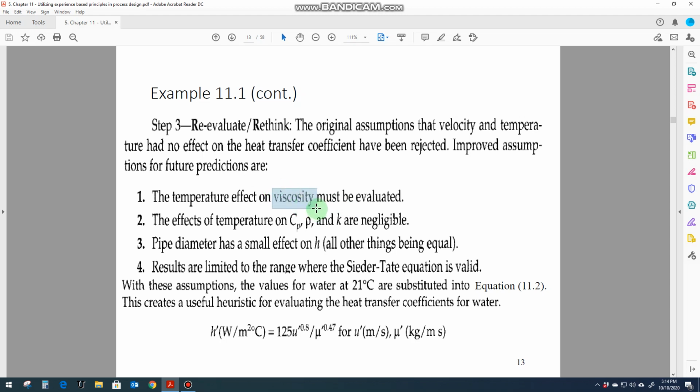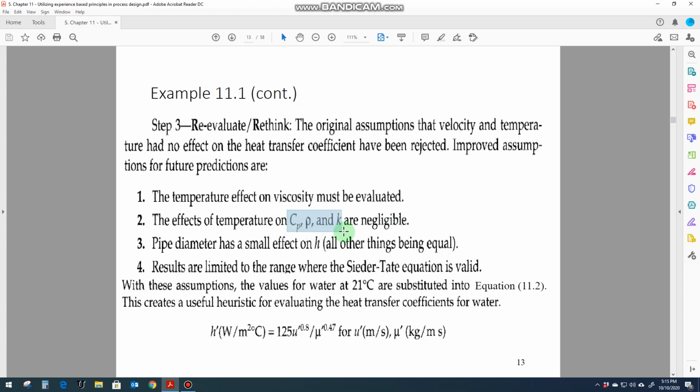We know from fluid mechanics that temperature and viscosity always have some effect in gases, liquids and oils also. So we have to see the details and the relationship between the temperature and the viscosity for the given problem. Then the effects of temperature on Cp, density, and K are negligible.